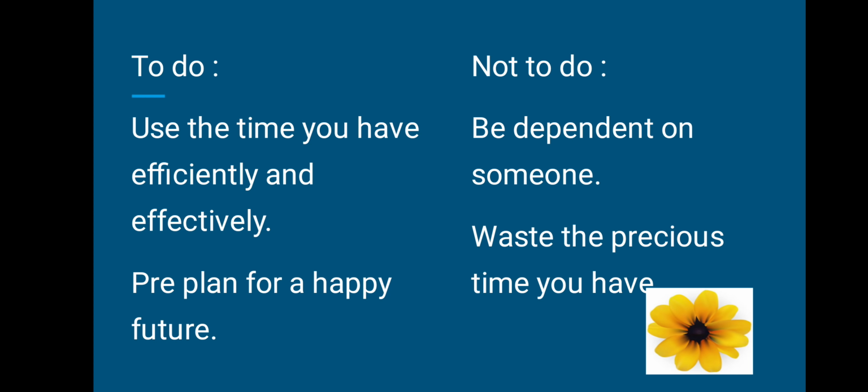They are teaching you to be independent, and you are not to rely on them for your whole life. I hope you get this. And the next thing that you're not supposed to do is waste the precious time you have. This time is very, very precious for you, do not waste it.